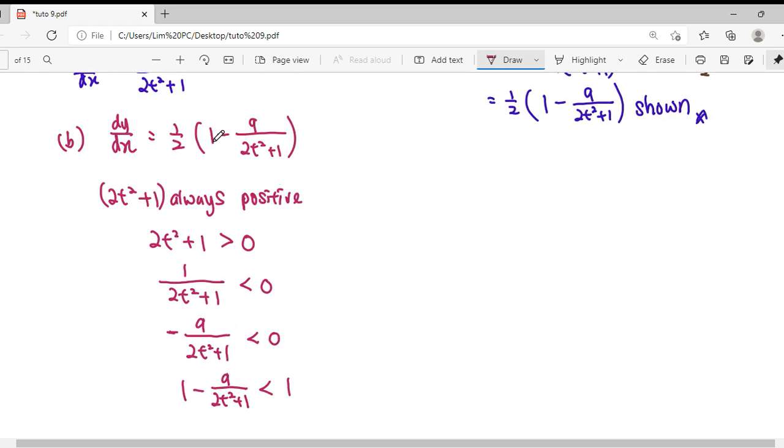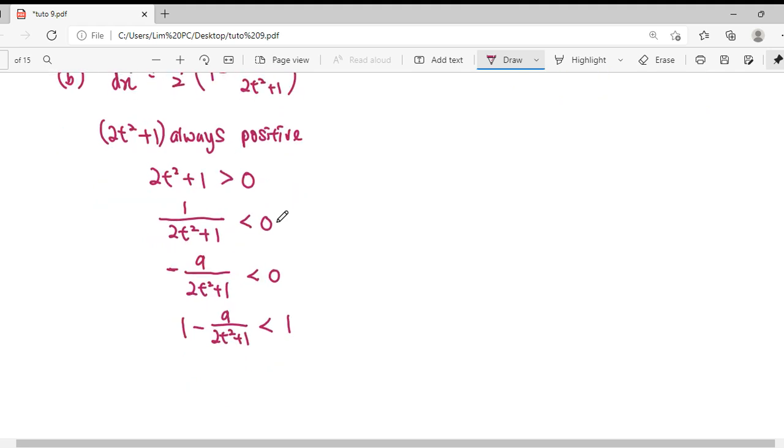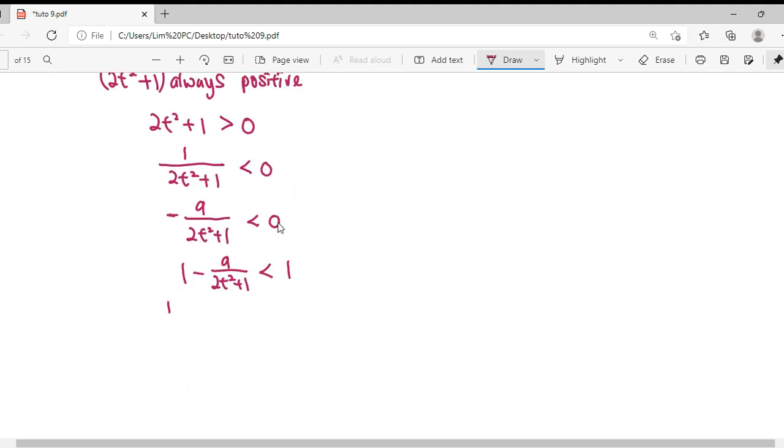Then we look at over here. So the whole factor times 1 over 2. So our maximum value, originally 1, when we times 1 over 2, will become 1 over 2.